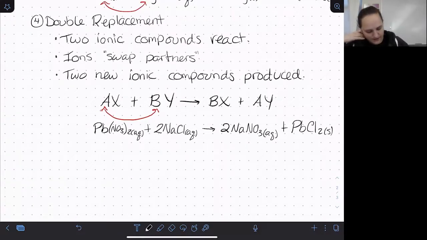And then last but not least, we have combustion. Combustion is very specific in what types of things it involves.